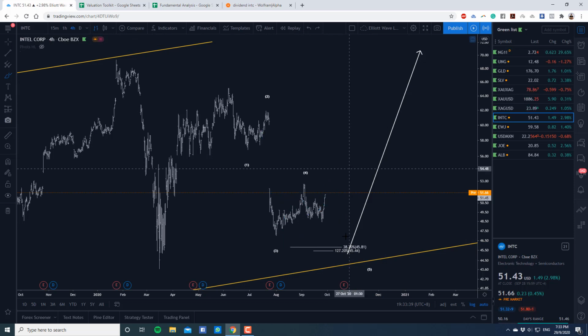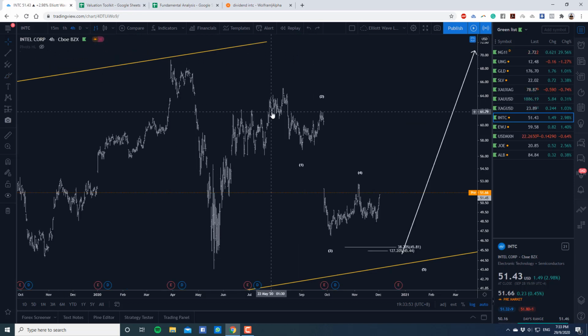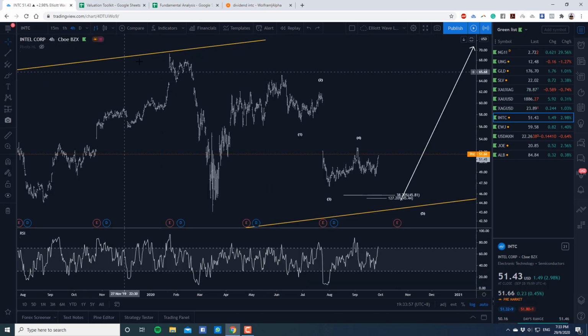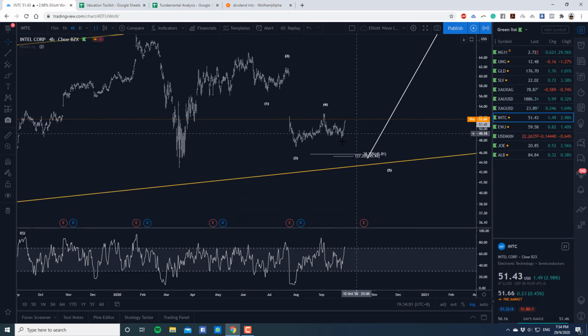What I put in is some Fibonacci ratios, and over here we can see that somewhere around $45.50 would be a good entry price to look for an accumulation opportunity for Intel, INTC. Of course, if I bring up the momentum indicator, most of the time between wave 3 and wave 5, we're going to see some form of divergence.